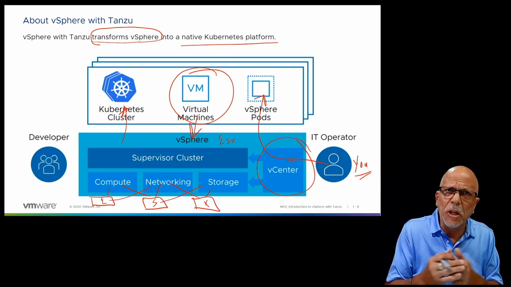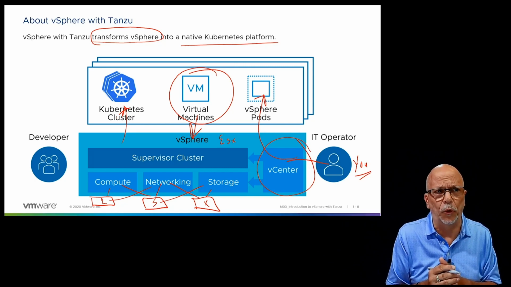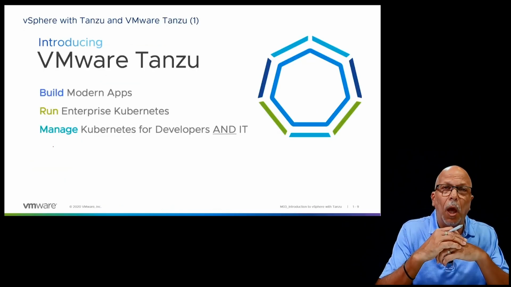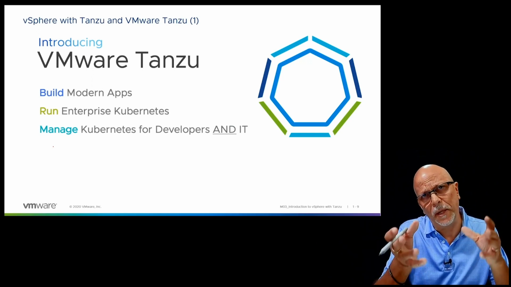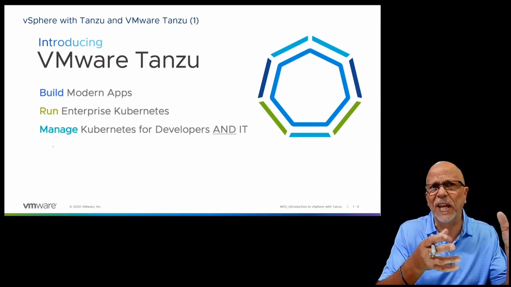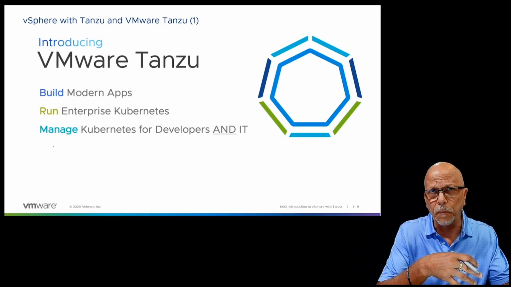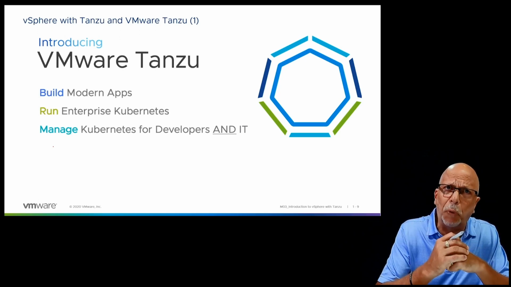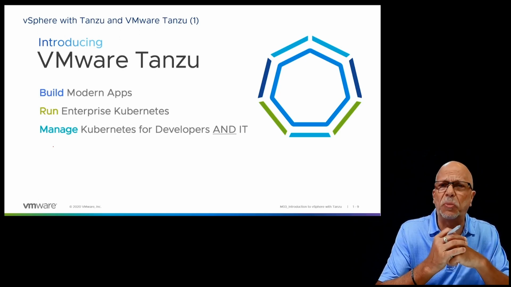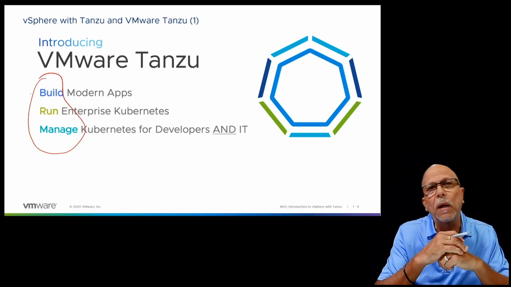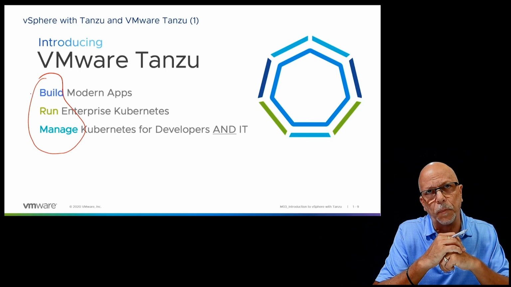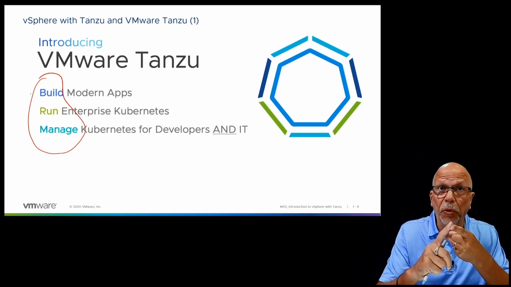So let's dig in a little bit and see how that actually works. In order for you to understand that, I'm going to back up a little bit and talk about the VMware Tanzu brand. When you look at the Tanzu brand, we have respective solutions sitting in three major categories. One, build.